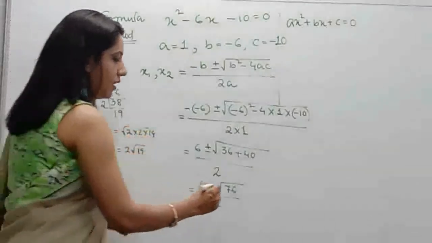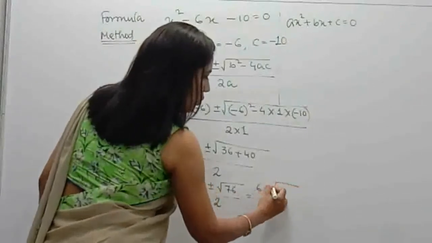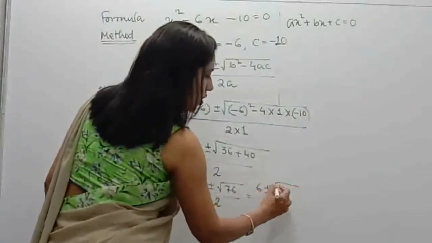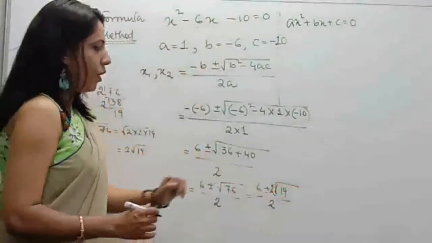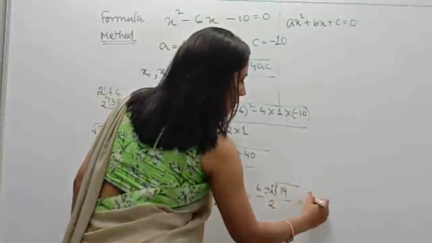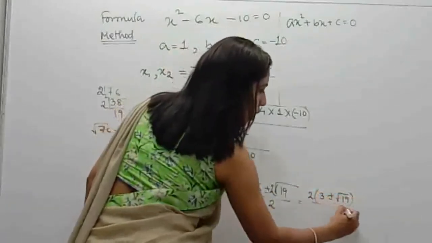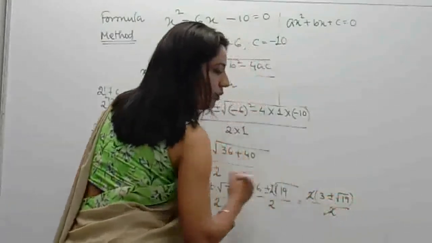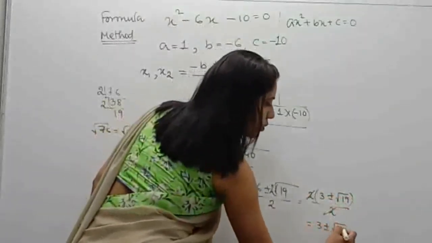So I'll put it here: 6 plus minus 2 root 19 divided by 2. Now we can take 2 common, so it will be 3 plus minus root 19 upon 2.